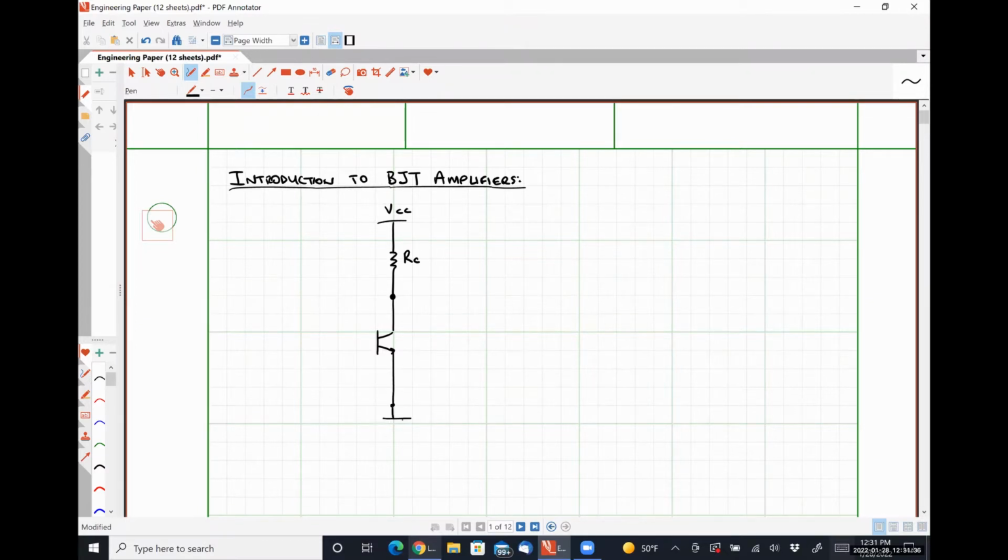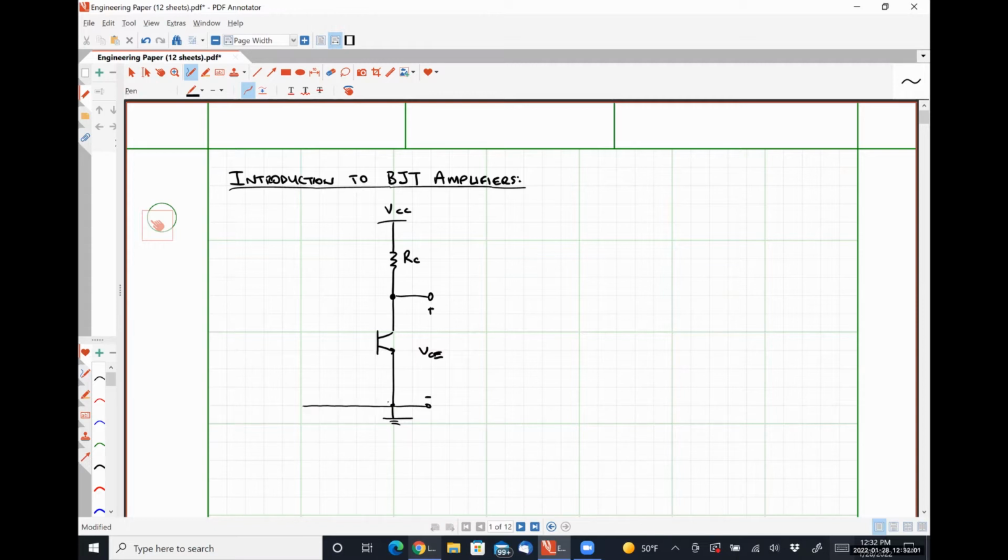This is going to be our ground at the bottom. And we are going to take our output voltage, plus minus here, between our collector and emitter terminals.